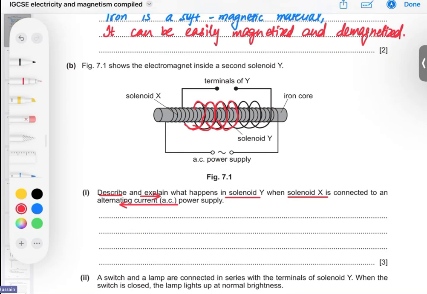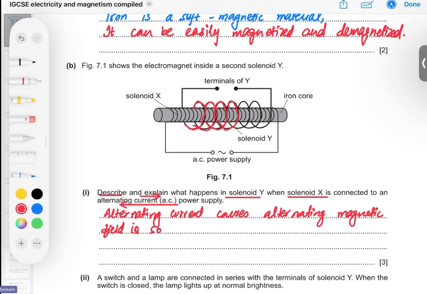You will write that alternating supply or alternating current causes alternating EMF. Oh, sorry, alternating magnetic field in solenoid X, right?